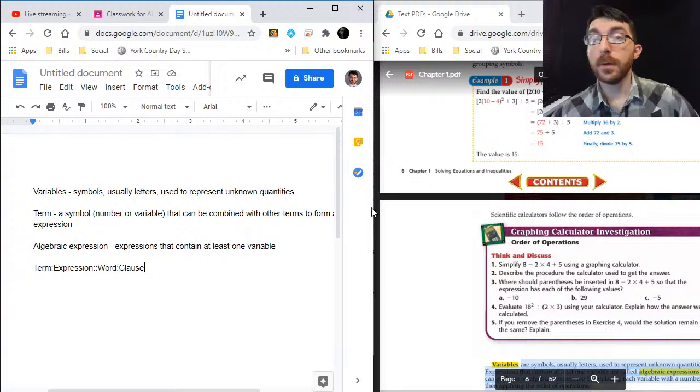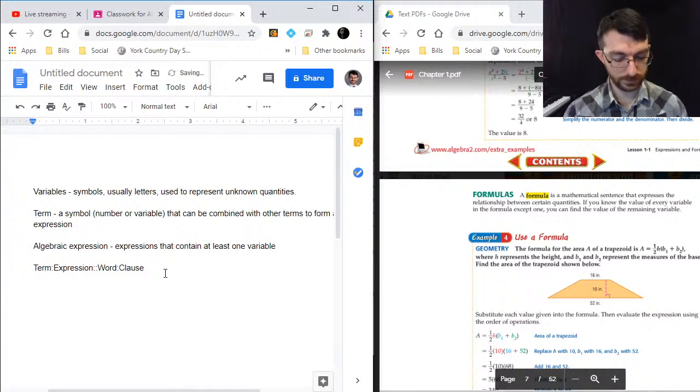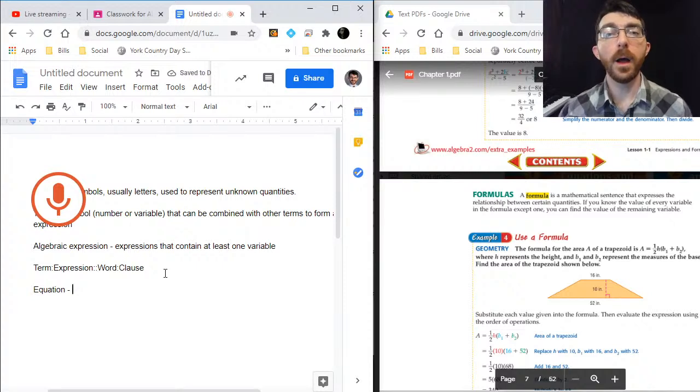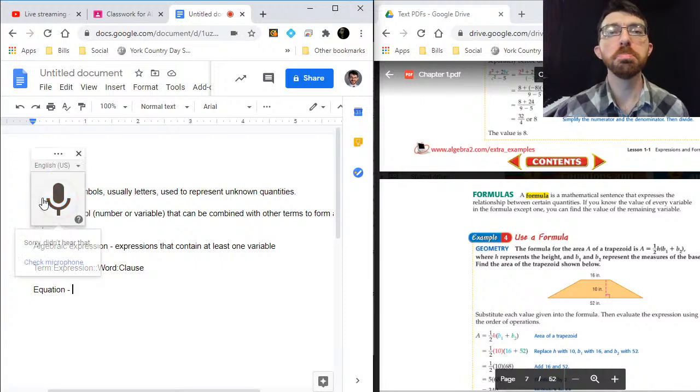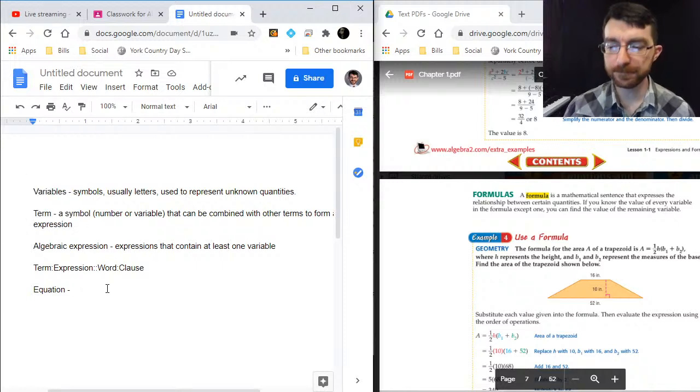Okay, let me see here. Moving on. Algebraic expression. Formula. Equation: an expression with an equal sign. Didn't pick it up. Maybe not. That's too bad.